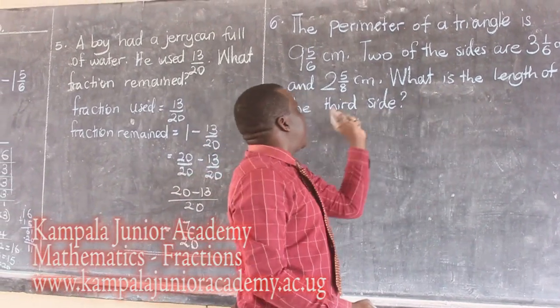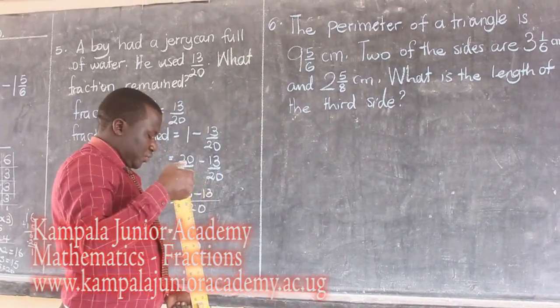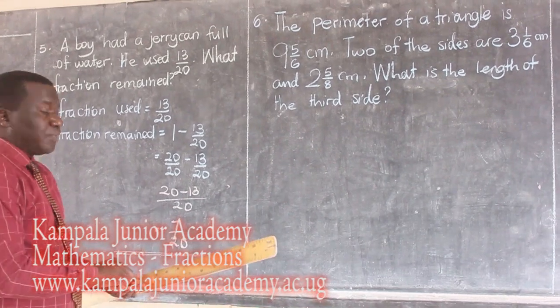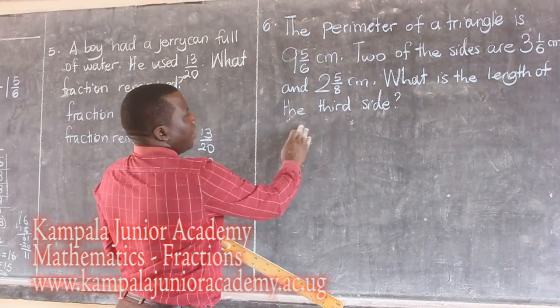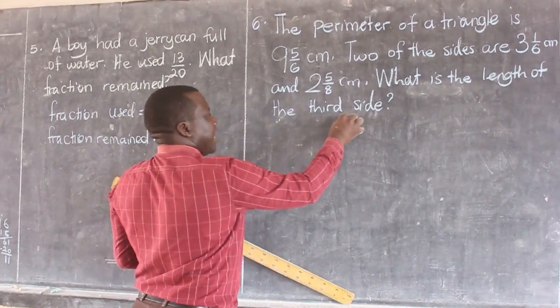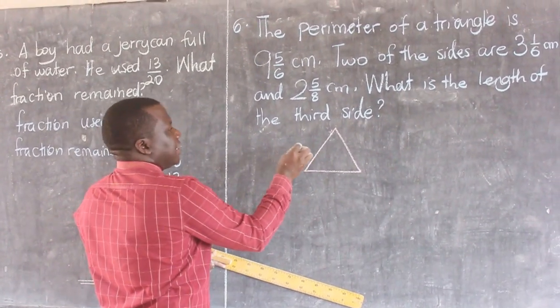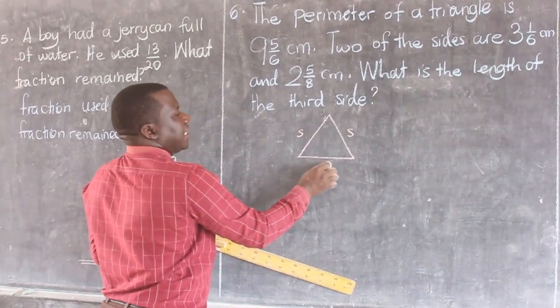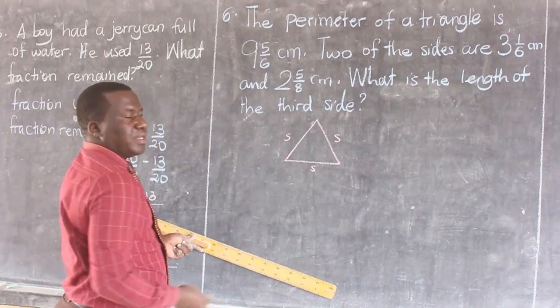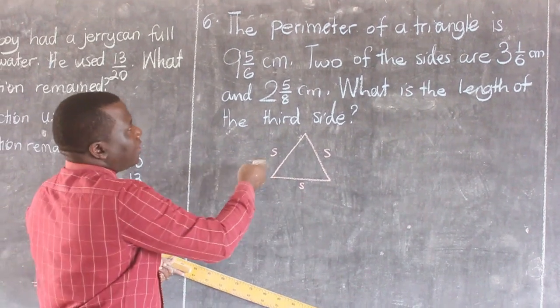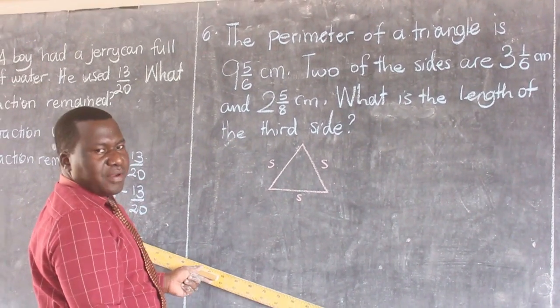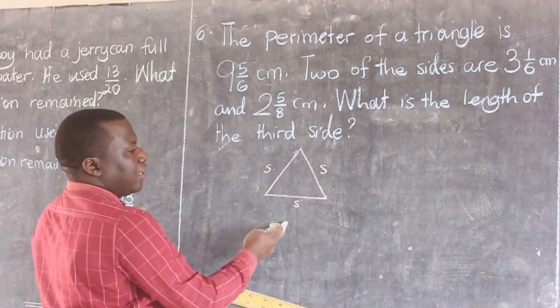What is the length of the third side? So to illustrate to you a little bit, to remind you, if you have a triangle like this, this is the side, this is the side, this is the side. A triangle has got 3 sides.